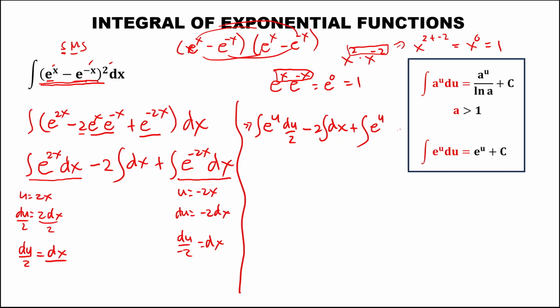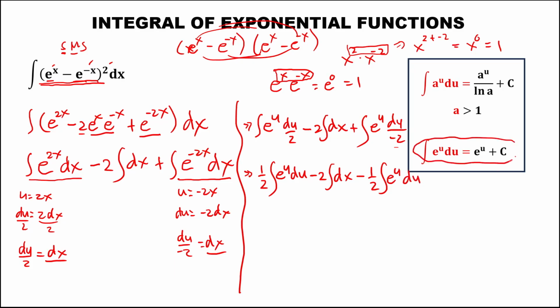e to the power u, and for dx, du over negative 2. Then we need to put this denominator outside, so this becomes 1/2 times the integral of e to the power u du, then minus 2 times the integral of dx, and put this negative 2 denominator outside, so this becomes negative 1 over 2 times the integral of e to the power u du.